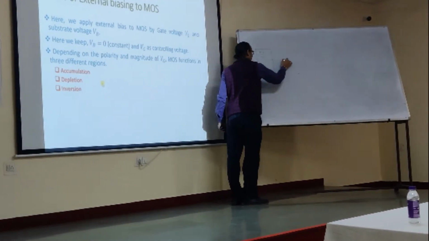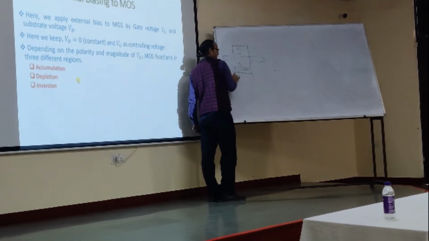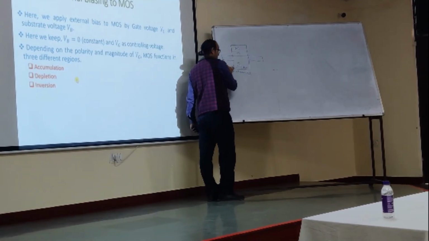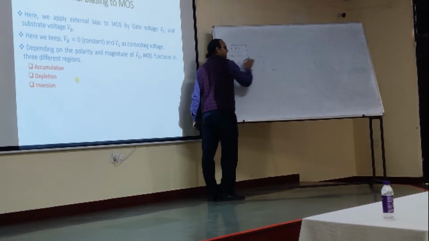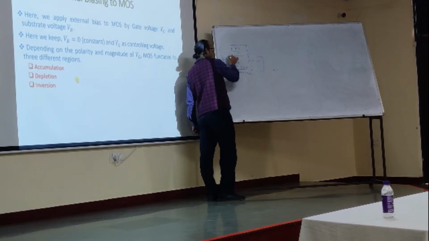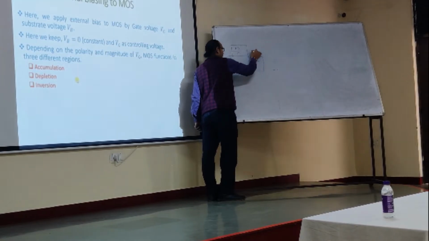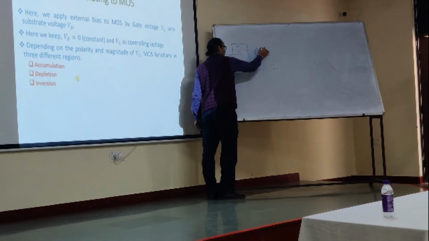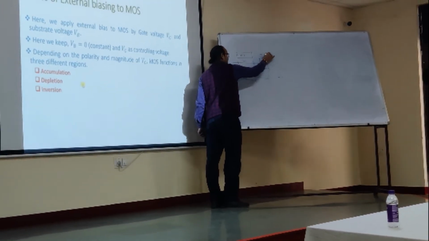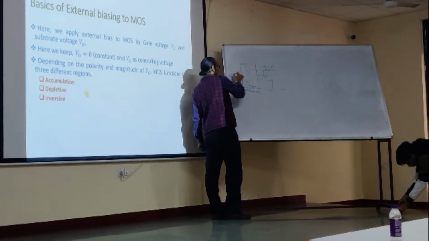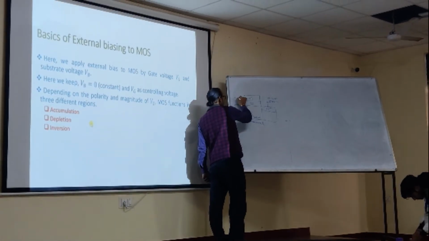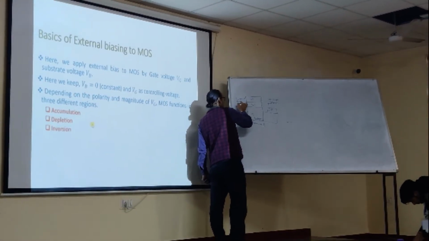I am drawing a very non-practical kind of diagram, but I want to clarify certain things. I will make it n plus. I can make it drain depending upon its voltage, and I can make it source if I ground it.